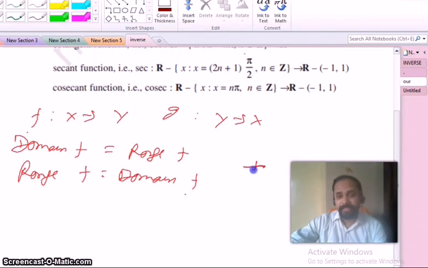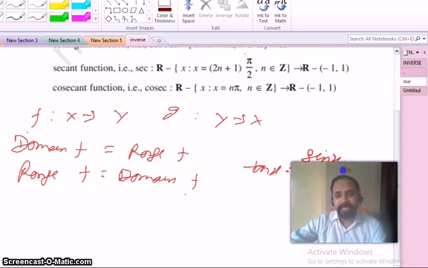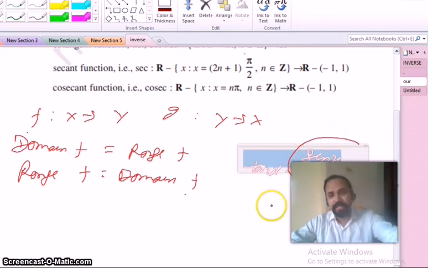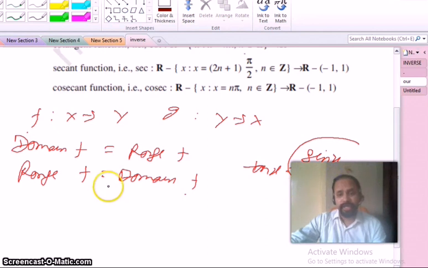If we have tan x, we can write this as sin x by cos x, and tan x is defined if cos x must not be equal to 0.